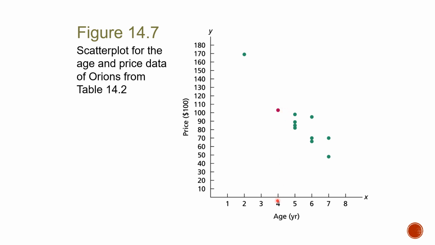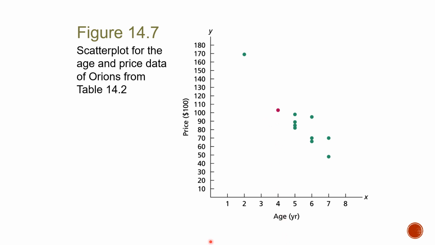All right, so for a 4-year-old car, we go from an X value of 4 all the way up to, it was 10,300, so it should be a value between 100 and 110. And this plot is right there.